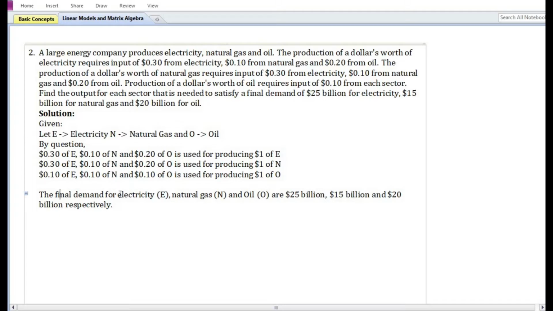According to the question, the final demand for electricity, natural gas and oil are $25 billion, $15 billion and $20 billion respectively. Given the above information, they have asked us to find the output levels for the three sectors.